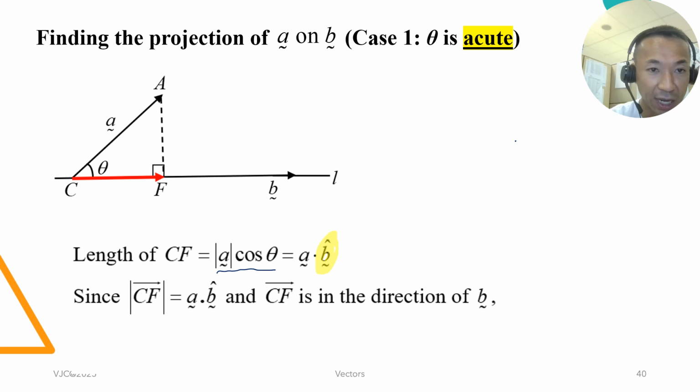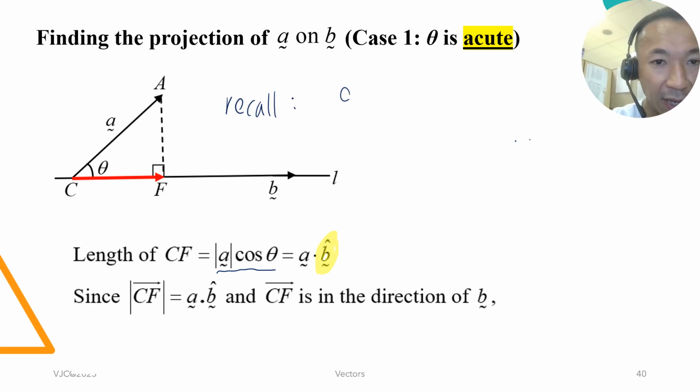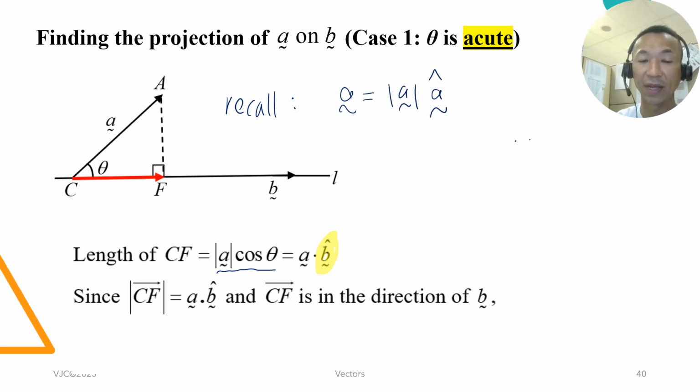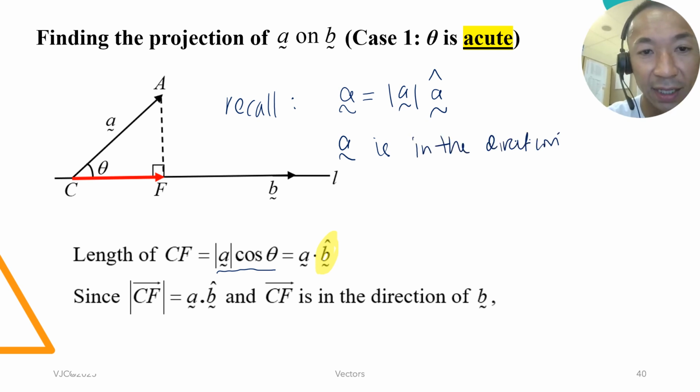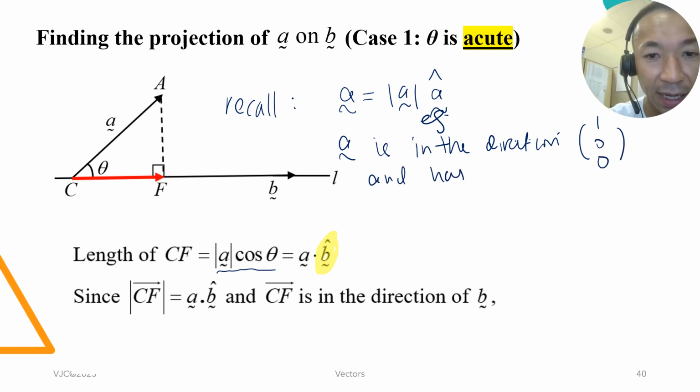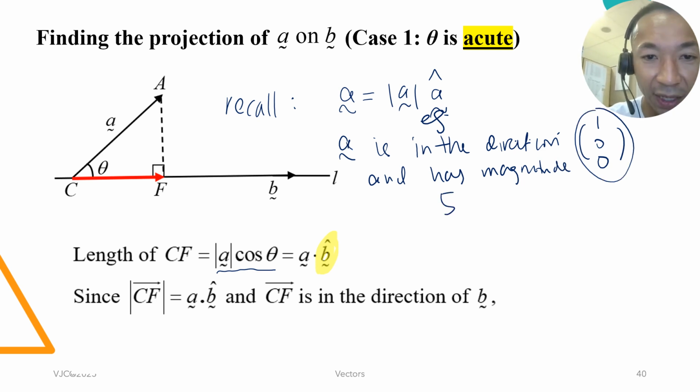Then what is actually the vector CF? Now, recall vector A is the magnitude of A times unit vector A. Suppose A is in the direction 1, 0, 0 and has magnitude 5. Then for sure, since this is a unit vector, A must be 5, 0, 0.